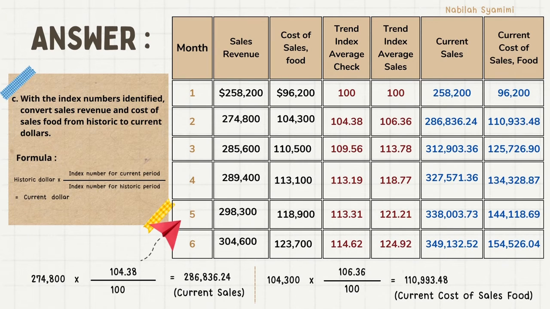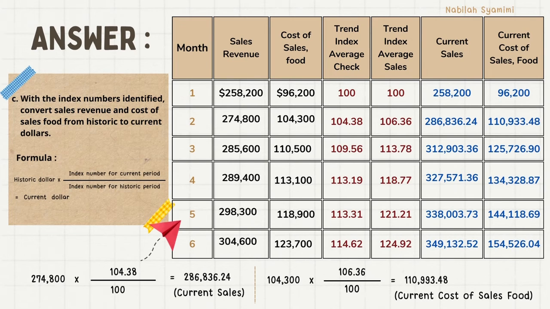Next, for current cost of sale food, use the same method also, which is index number for current period divided by index number for historic period and multiply with historic dollar, and it will get current dollar. For the first month, it is also the same as current sale, which is take the cost of sale food.